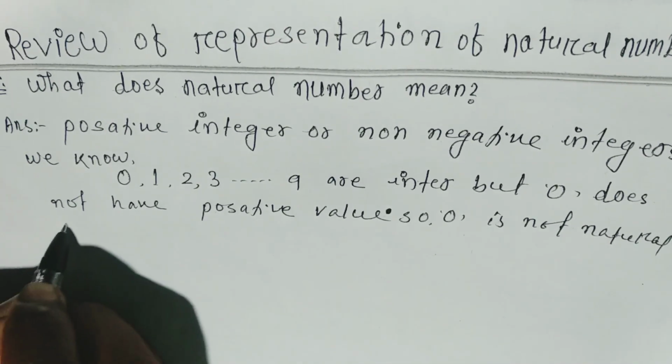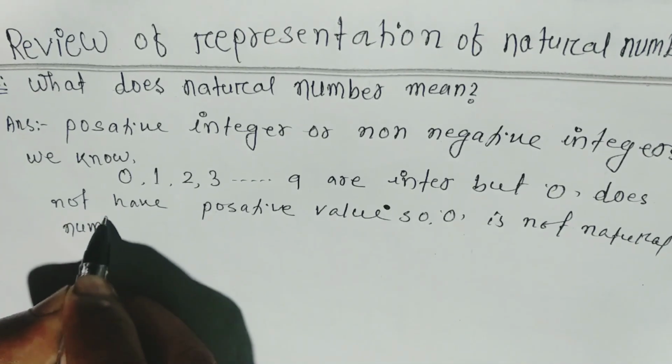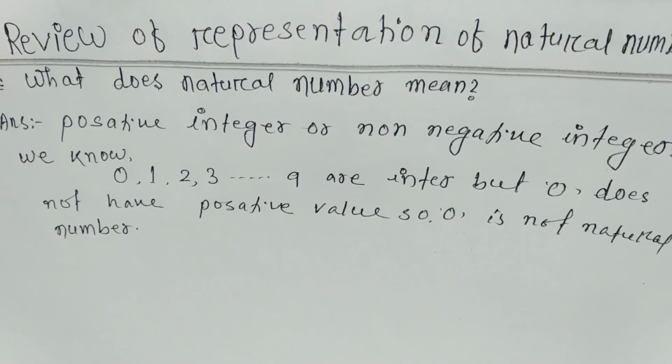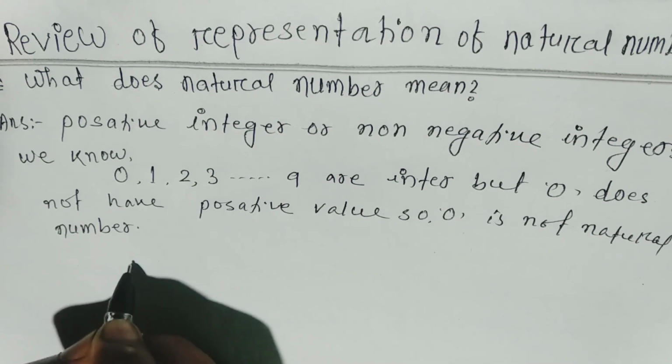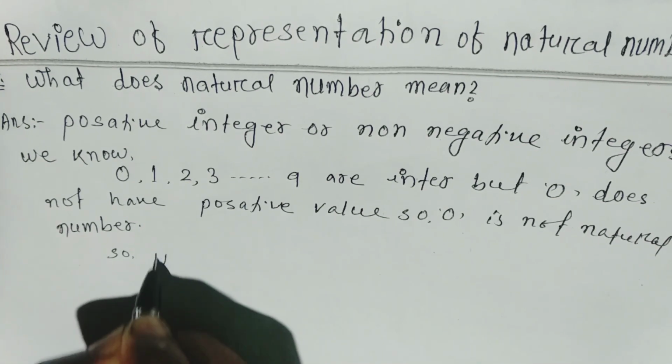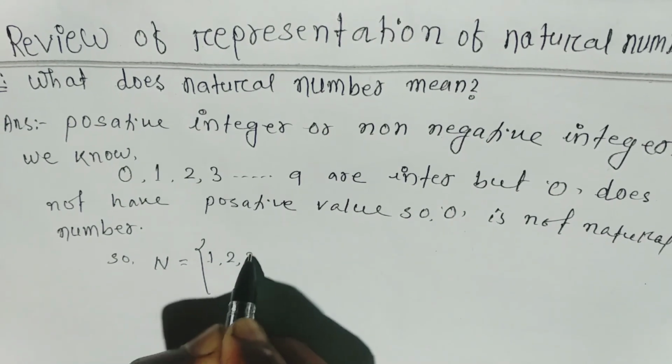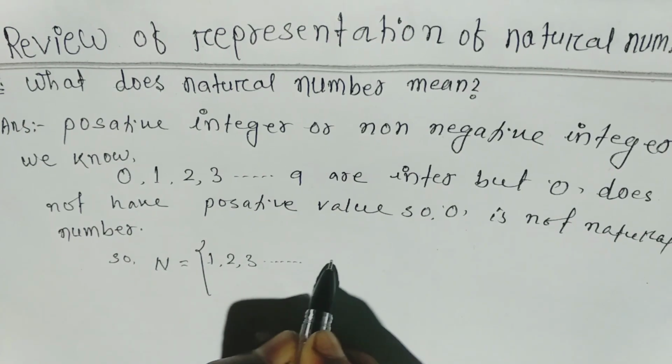Natural number is denoted by N. So N is equal to 1, 2, 3, up to infinity.